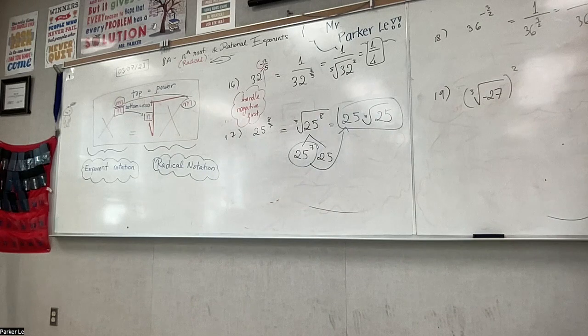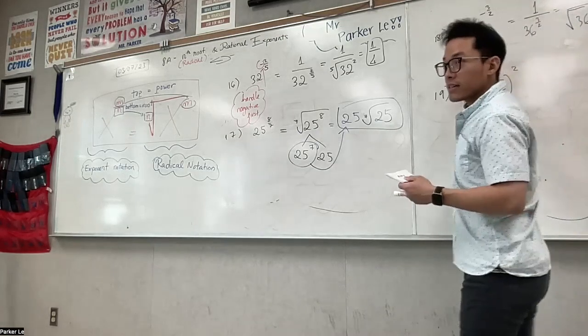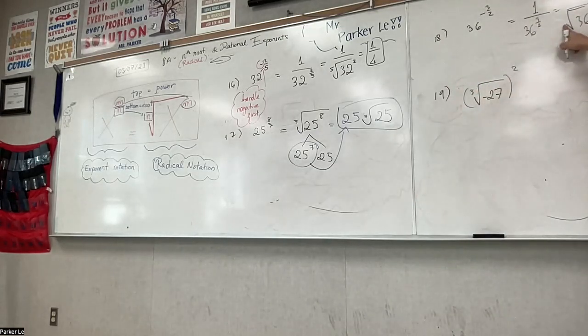So it's 3 right here, and the bottom number is the root, right? So this is the square root. So it's the square root of 36 to the power 3.